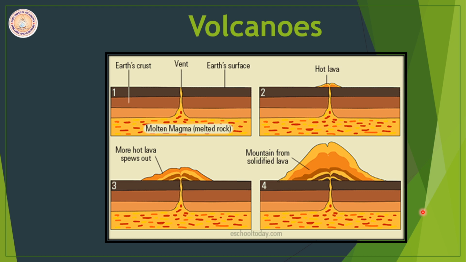A volcano is a vent. You can see over here a small area which is called the vent. It is a narrow opening on the crust of the earth with an underlying magma chamber, and it is connected by a conduit.